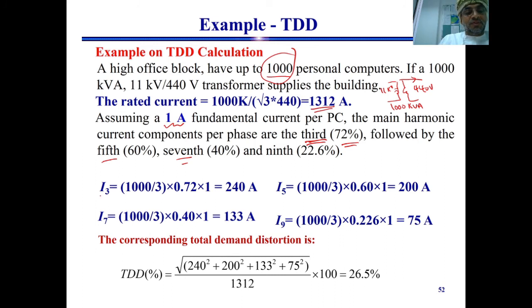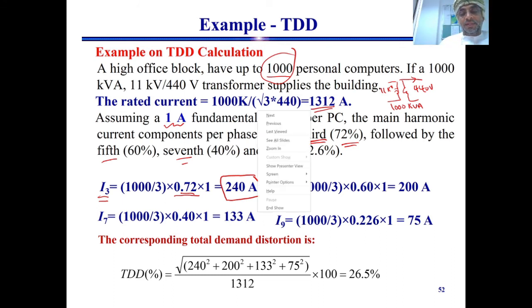This is the value of the third harmonic in one phase. We have 1000 ampere, the total current taken by the computers, and we are looking only at one phase, so divided by 3, times 0.72, which is the percentage of the third harmonic. So the third harmonic current will be 240, and then the others can be calculated.